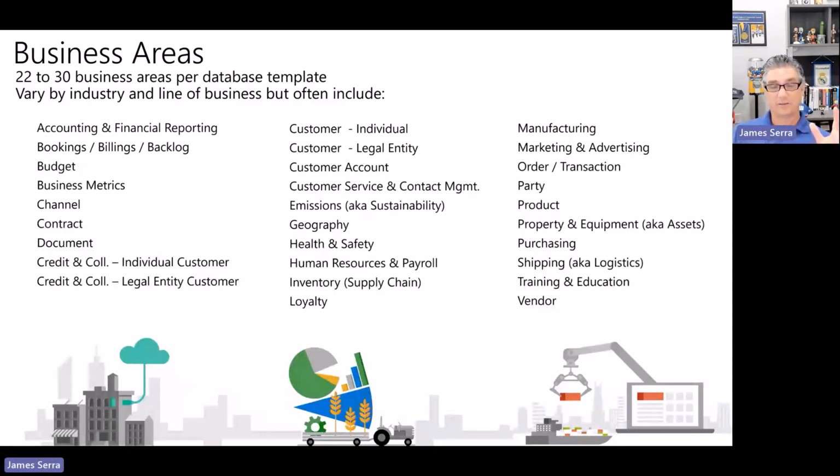And each template has almost up to 30 business areas on there. And there's a lot of repetitiveness. So for example, you may say the customer business area, that's in a lot of templates. So if you learn it in one, it applies to all the others on there. So as you'll see in the demo, how they're broken out by these business areas, which are kind of like tables. And then there's the entities or fields within them.